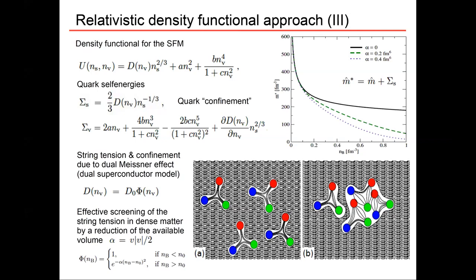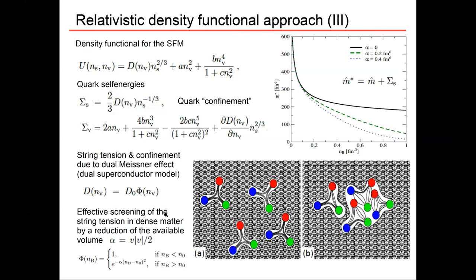And so there is a reduction of the external pressure, which compresses the field lines, and they develop the typical dipolar structure of the one-gluon exchange, which we usually have at short distances only. So this is an effective screening of this confining effect.